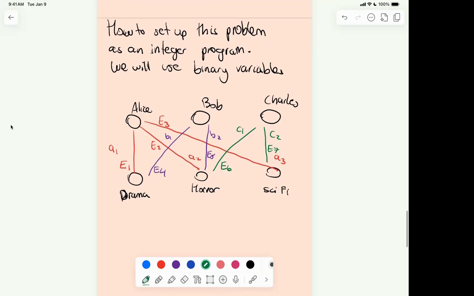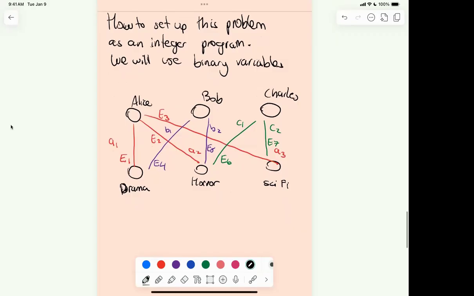So step 1 is to label the edges. Let's put it as an algorithm. Label edges. Step 2 is that you introduce a binary variable for each edge.